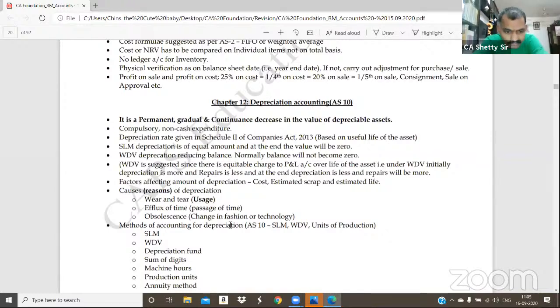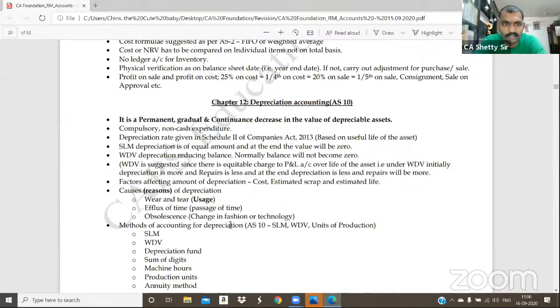Next point, number 3. As per AS10: SLM, WDV, units of production. Cost of the machine 100 lakh.